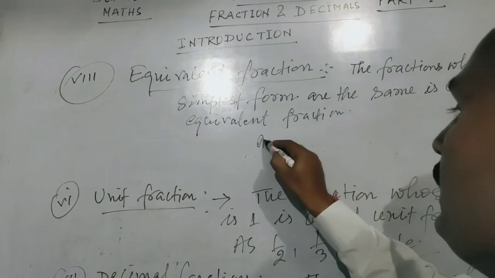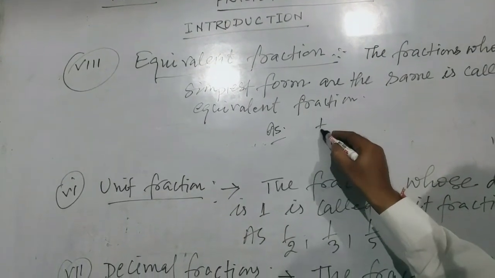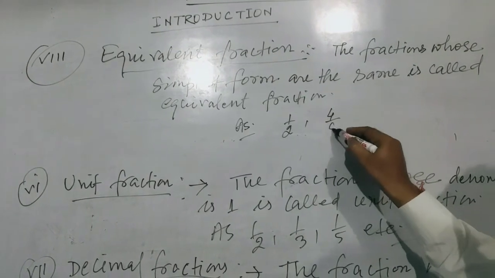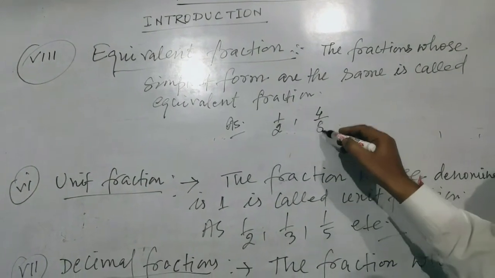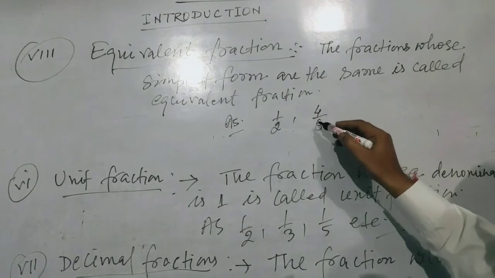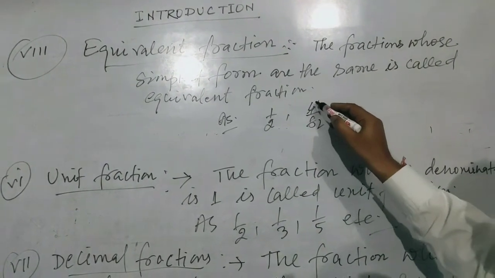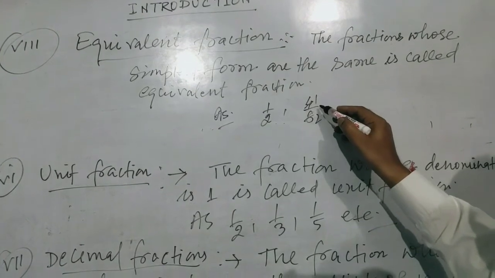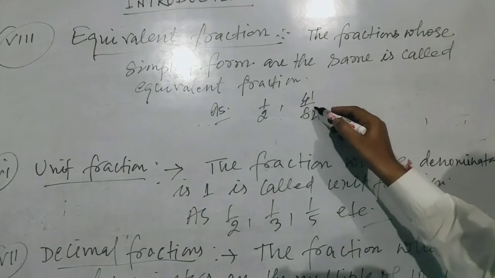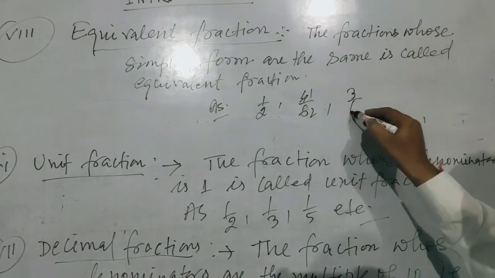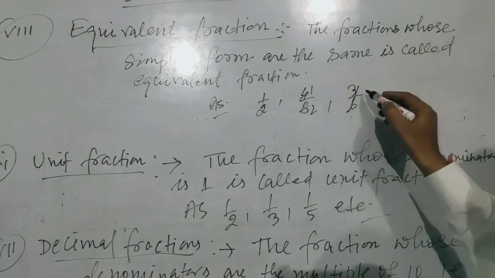Okay? Like 1 by 2, 4 by 8. When we cancel, 4 ones are 4, 4 twos are 8. So the simplest form of 4 by 8 is 1 by 2. 3 by 6, its simplest form is 1 by 2.